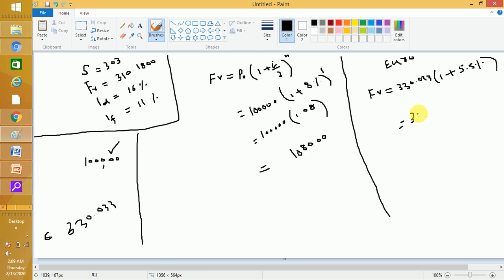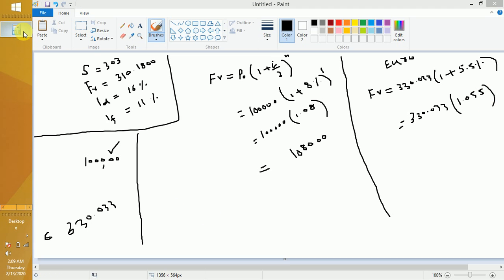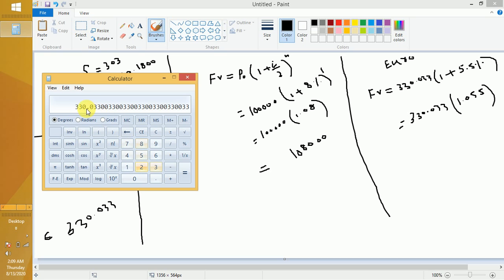So it will be 330.033 times 1 plus 5.5%, which is 1.055. Now multiply this. So see, 330 multiplied by 1.055.